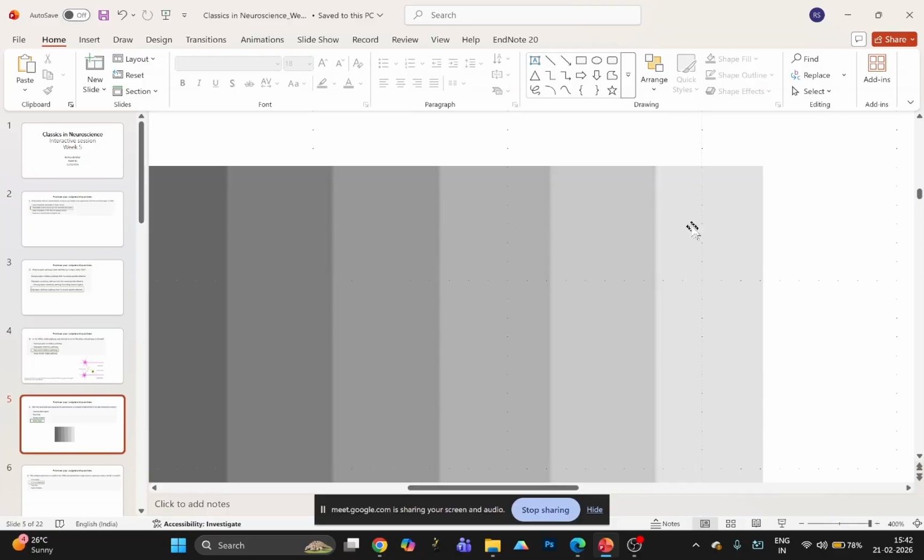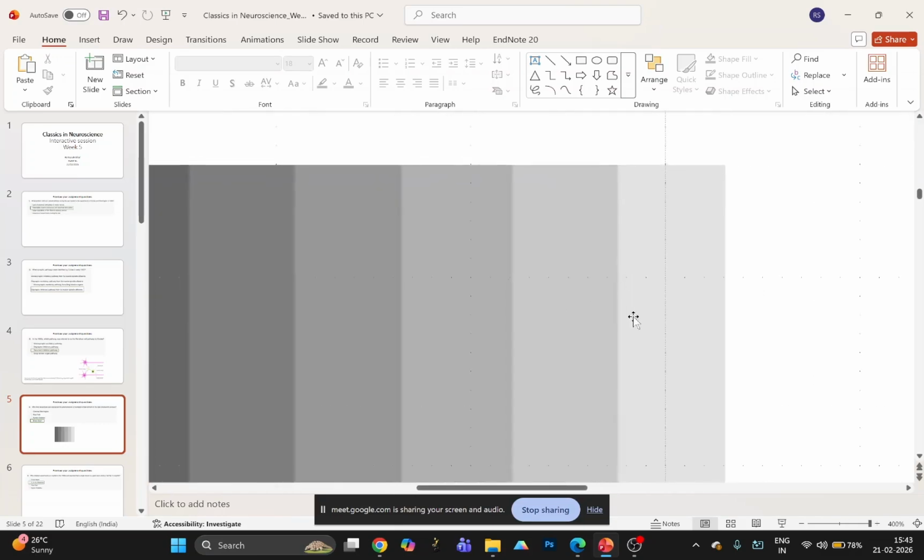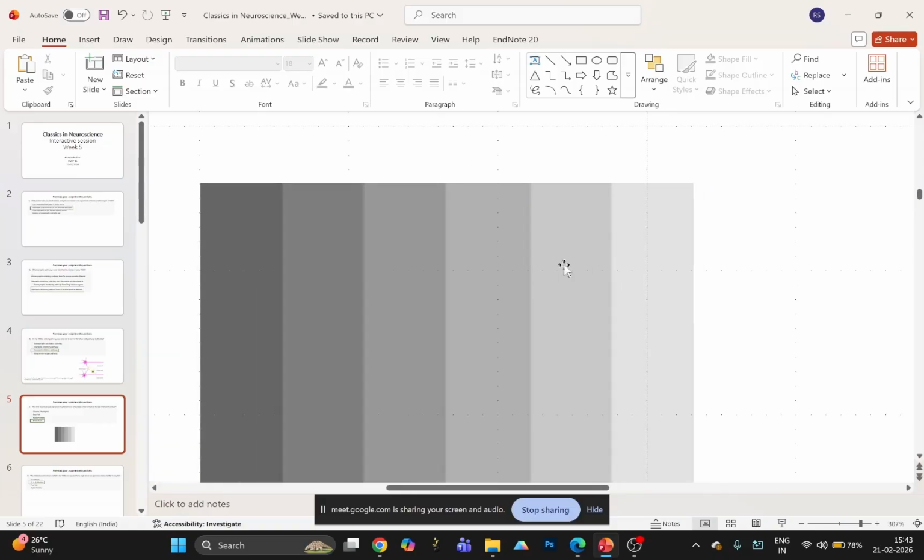Whenever there's a lighter band close to a darker band, at the border or at the very edge, you will see that the lighter band looks lighter and the darker band looks darker. If you look carefully, you will observe that this is true.